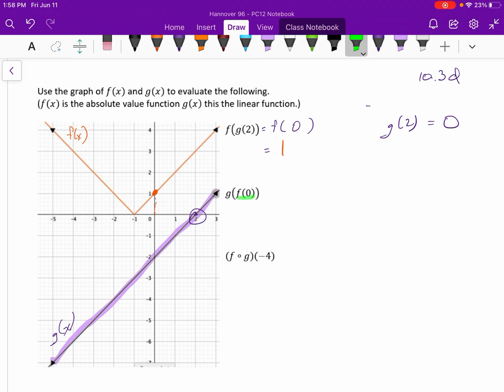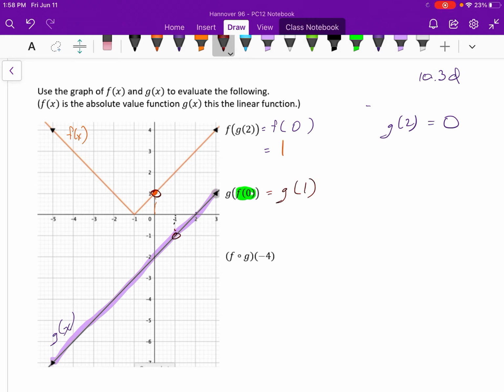What is g of f of 0? So the first thing I'm going to do is calculate f of 0. Now, f of 0 on my function f, when my input is 0, f of 0 is equal to 1. Now I go to when x is equal to 1. What is g of 1?